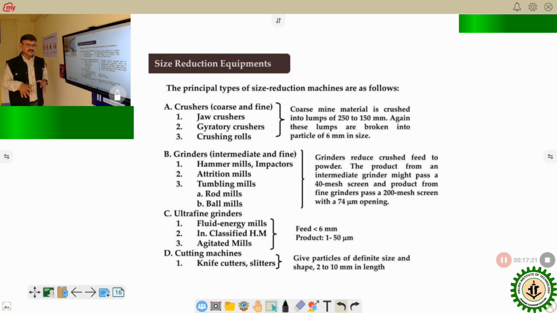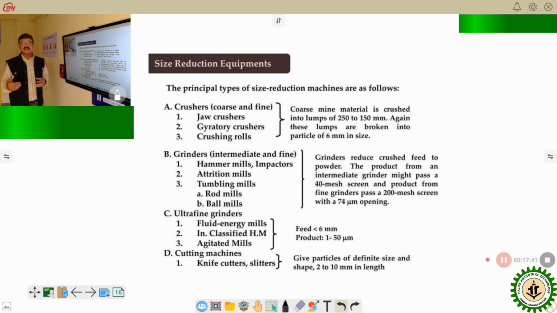Accordingly, at the beginning, we need to have one suitable crusher. Then the material coming out from the crushing unit will be used as feed for the grinding machine.